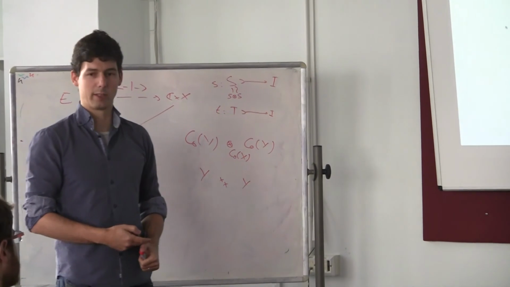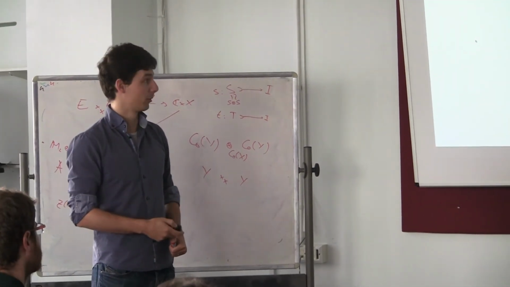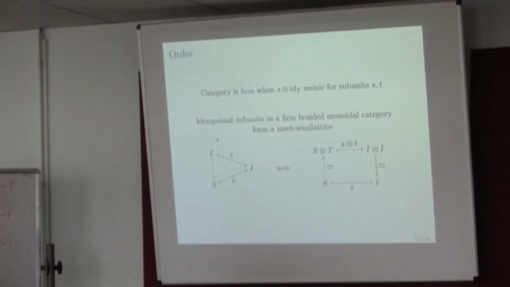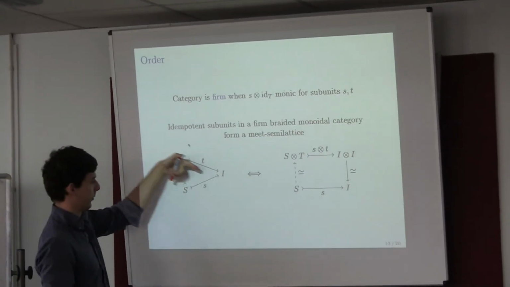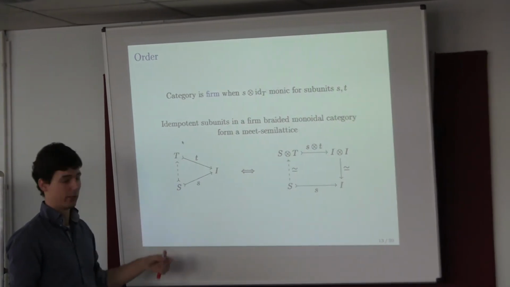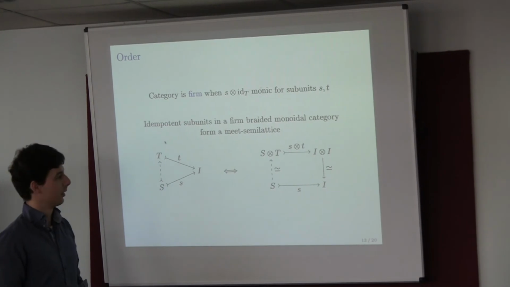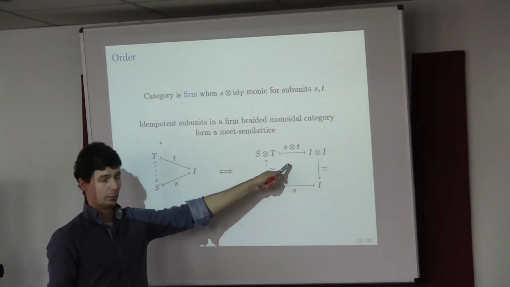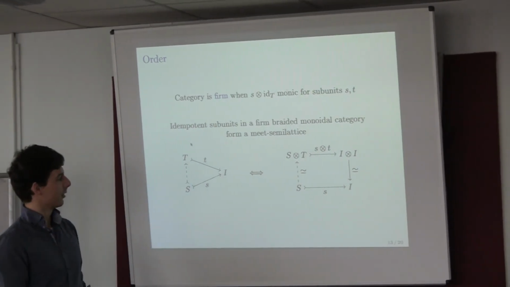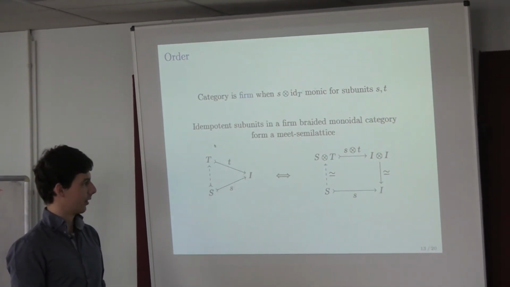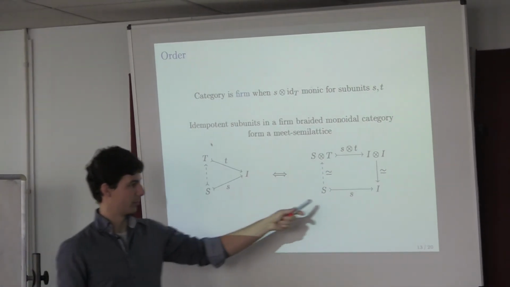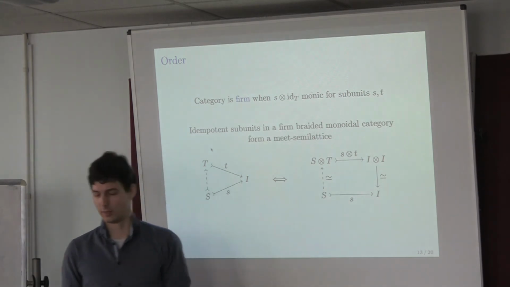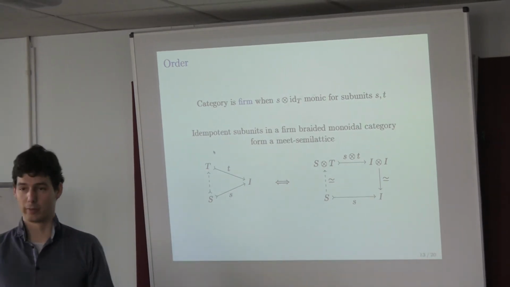Basically all categories we looked at will have this, including Hilbert modules. So here we have our two subunits, which are open subsets, if you like. One is included in another if and only if this thing happens. So in other words, not only can I order them by pure categorical means, I can find the intersection of two of them.